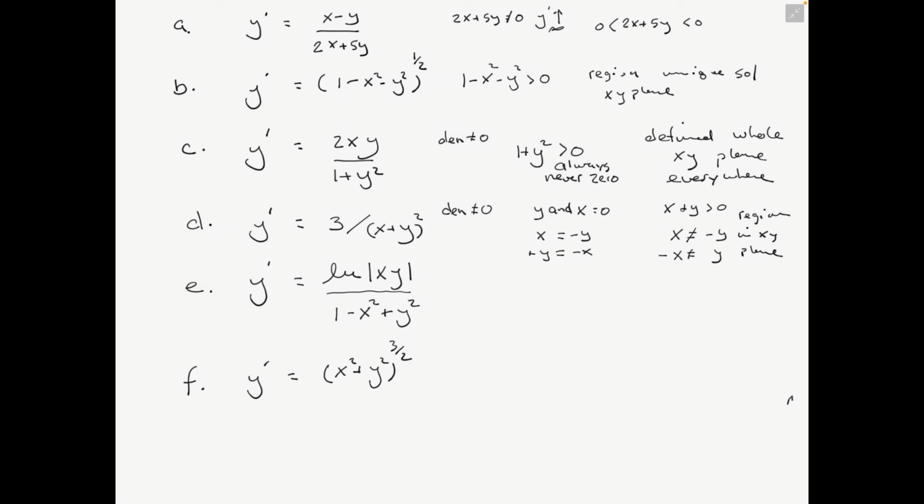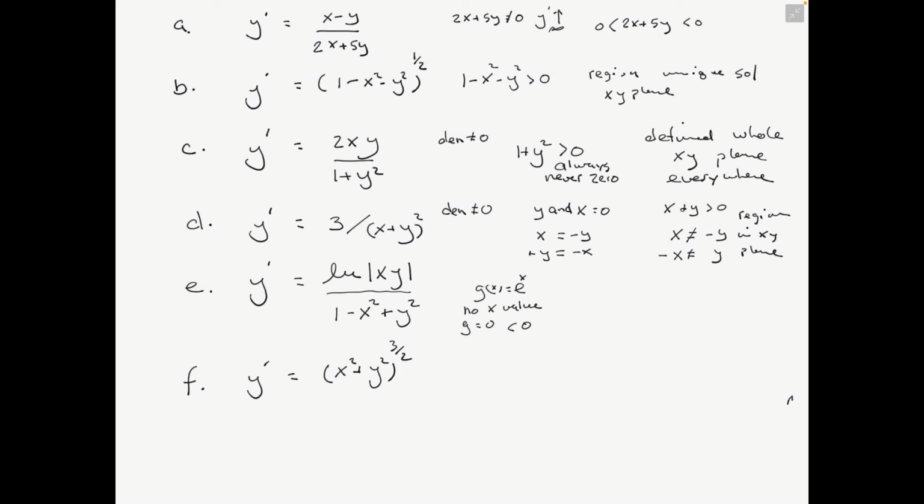Now, the next one is kind of interesting because we have the ln xy in the numerator, and we know that when, let's say, we have a function g of x equal to e to the x, there is no x value that would make g either 0 or less than 0.